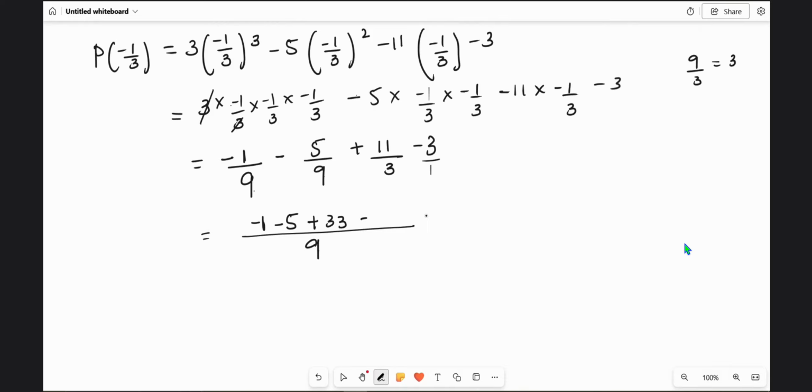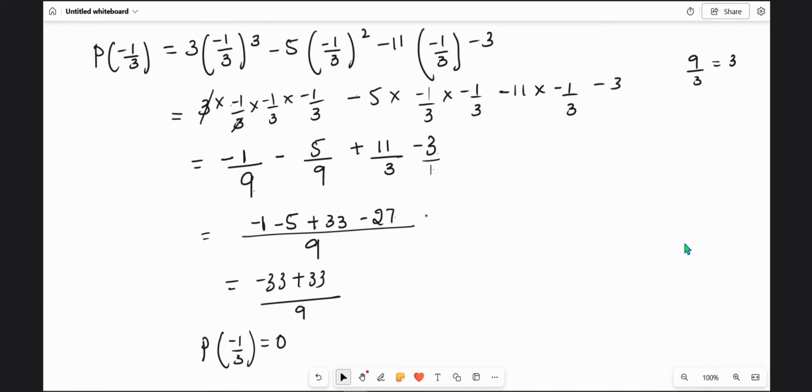Next, minus 3 is there. 9 by 1 is 9, 9 into 3, 27. What you will get? 28 plus 5 will be 33. So minus 33 plus 33 by 9. So P of minus 1 by 3 is equal to 0.